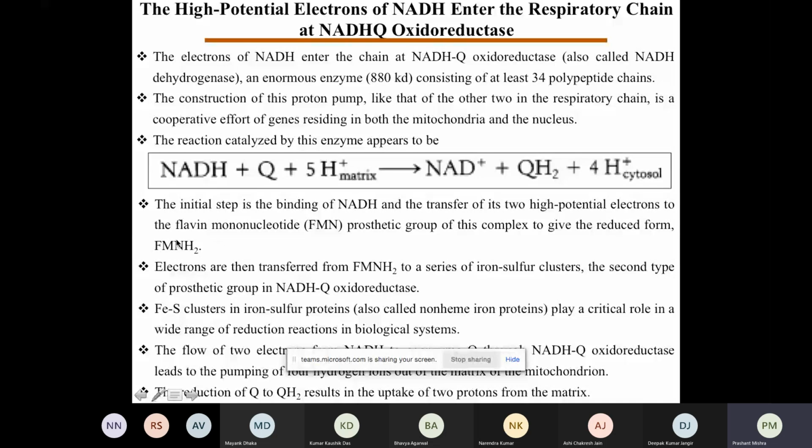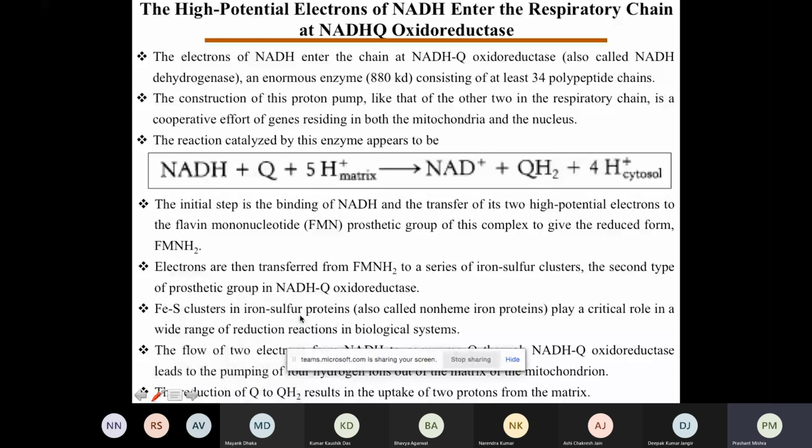Because it's a relatively complex enzyme, I have not shown you all the reactions here, but as I said, NADH Q reductase will have FMN. It will also have a lot of iron sulfur clusters. So don't get confused.